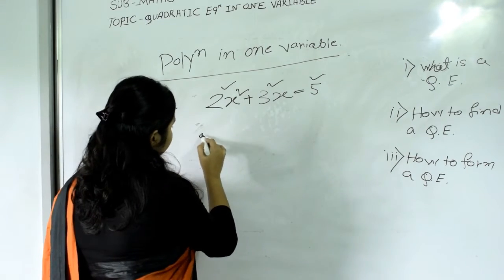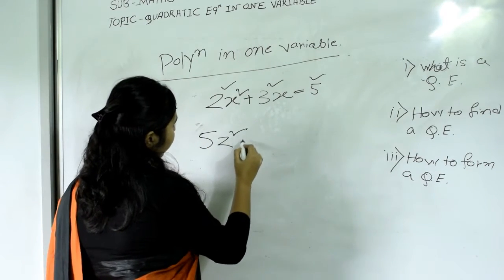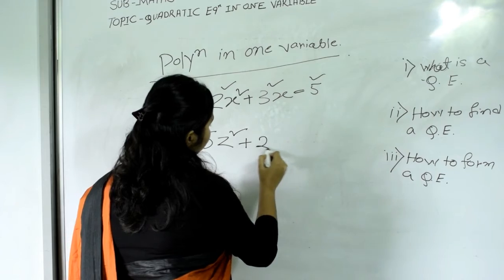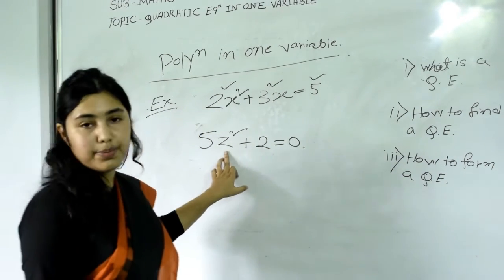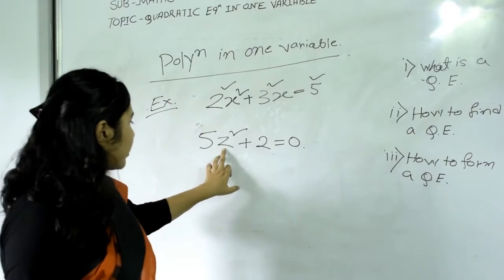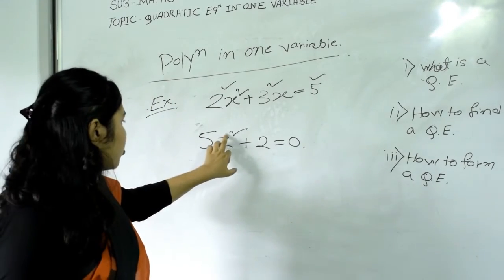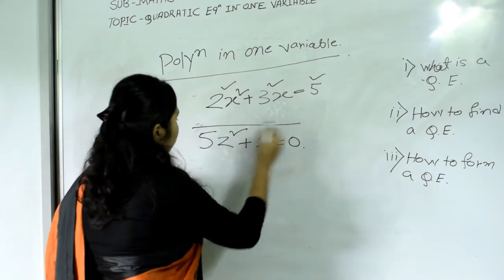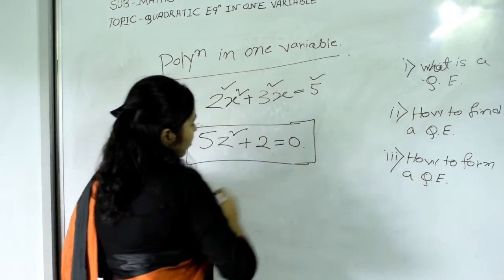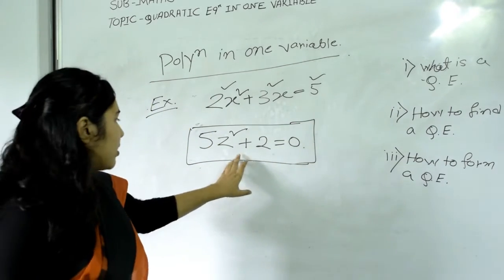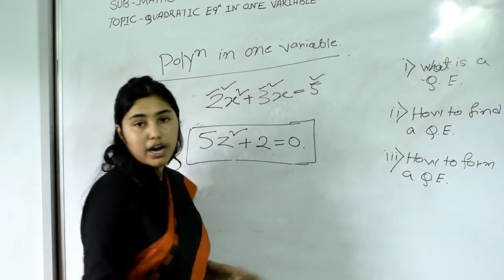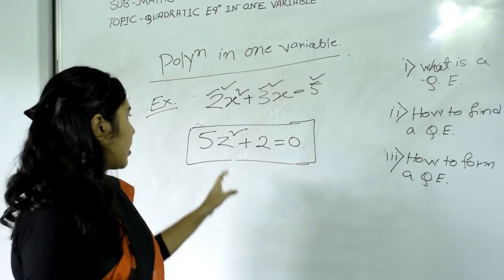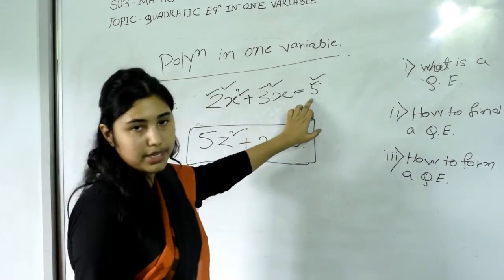Take another example. Suppose 5z square plus 2 is equal to 0. Here also the variable is z and the highest power of z is 2. So this is also a quadratic equation. Here 2, 3 and 5 are known as coefficients and x is the variable.